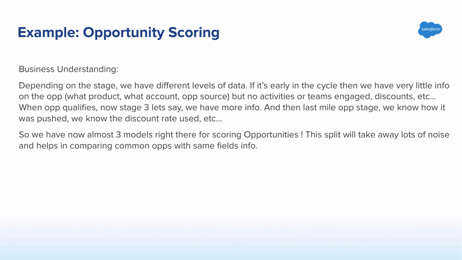If you think about it, there's a lot of ways you can slice and dice that information, because we just talked about stage. You might make the same argument about amount, or the same argument about the account type.